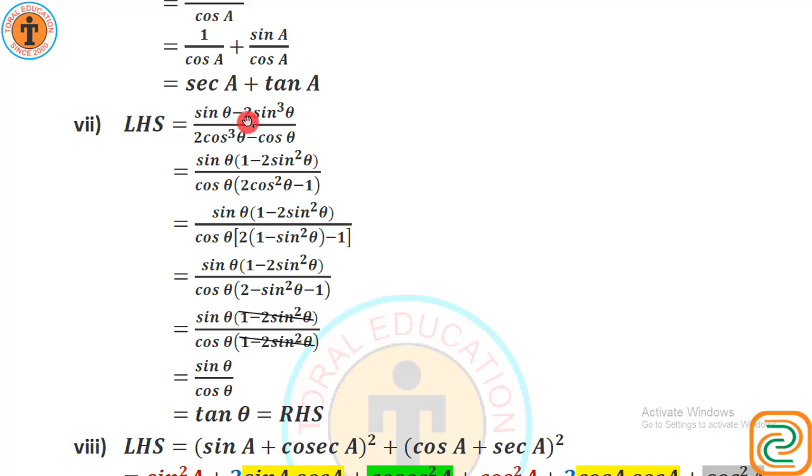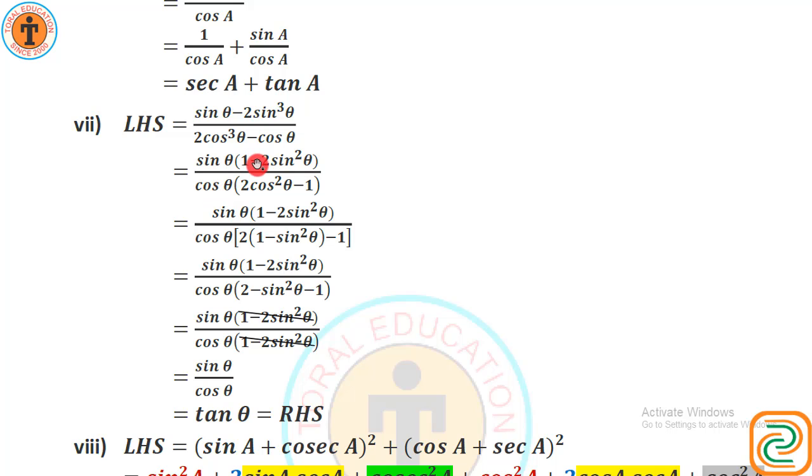We can take common sin theta. Sin theta minus 2 sin cube theta, I have taken here sin theta as common. Similarly, I have taken cos theta as common. So, 2 cos square theta minus 1. Because here it was cube, so we have taken here square, because we have taken common as sin and cos.